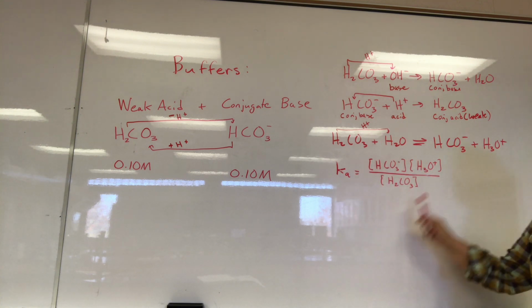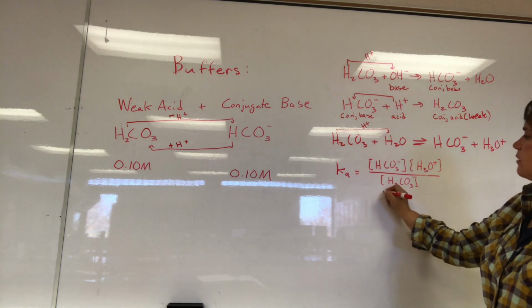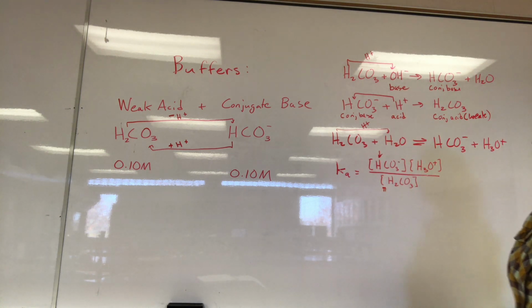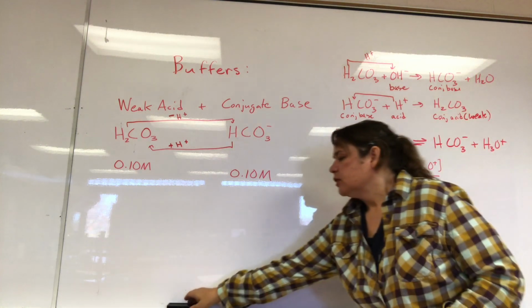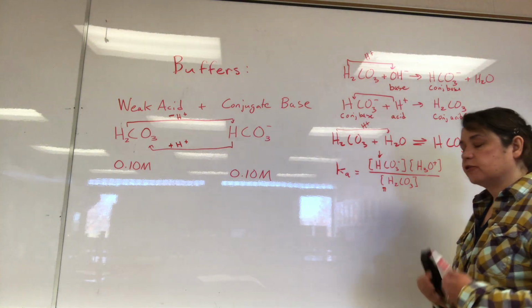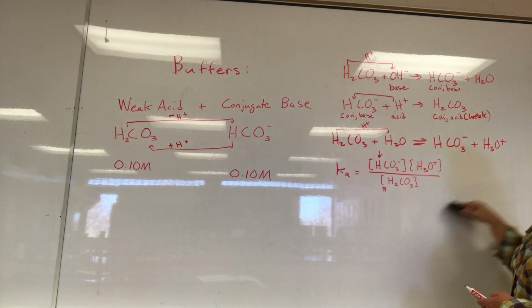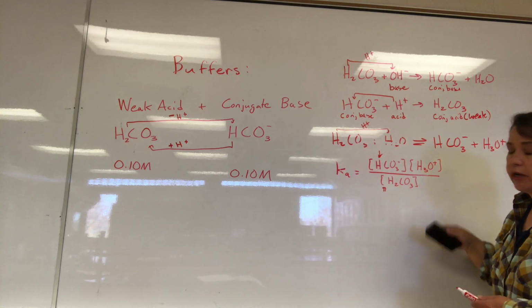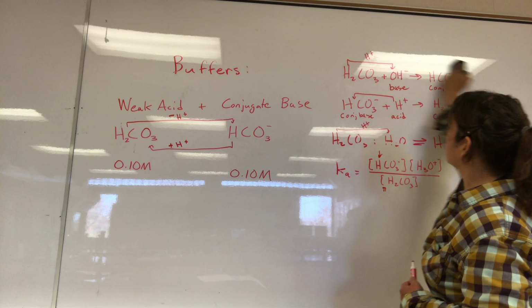So we start here. Now remember, in the buffer solution, I have significant amounts of both of these reagents, the conjugate base and the conjugate acid. To come up with an equation that will describe the effect of the pH on the buffer solution, we take a logarithm of this equation. Now I'm not going to go through the whole derivation, I'm just going to show you the result of that logarithm.